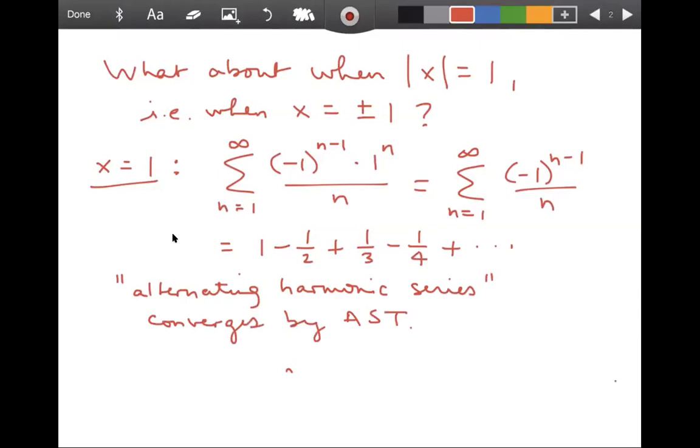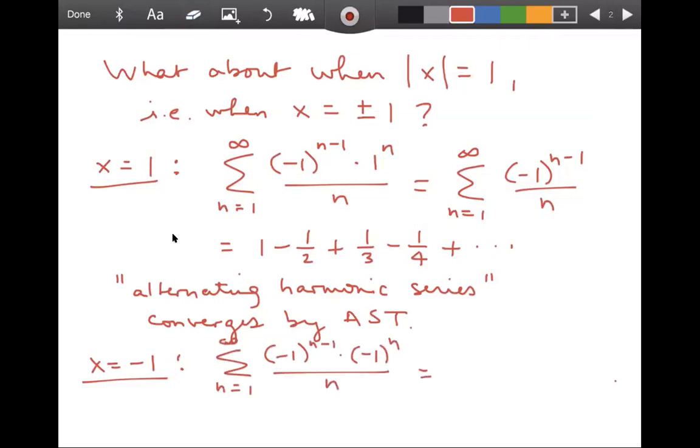All right, so now we just look at x equals -1. I'll start that down here, and I'll probably need to go up top again. Let me get rid of some of this scribble down here. Okay, the sum n going from 1 to infinity, -1 to the n minus 1 times -1 to the n over n.